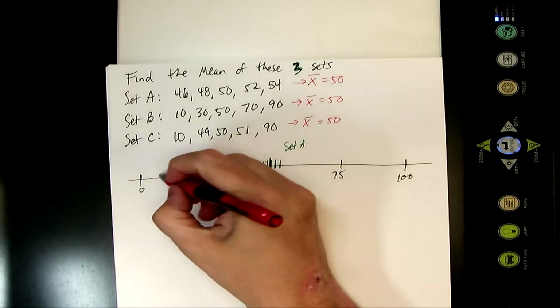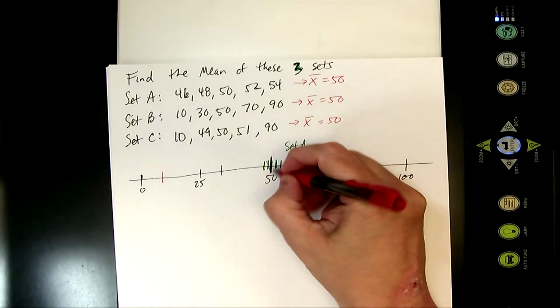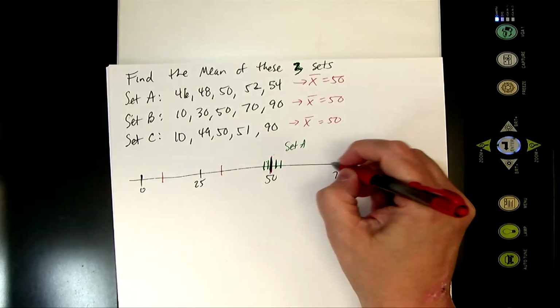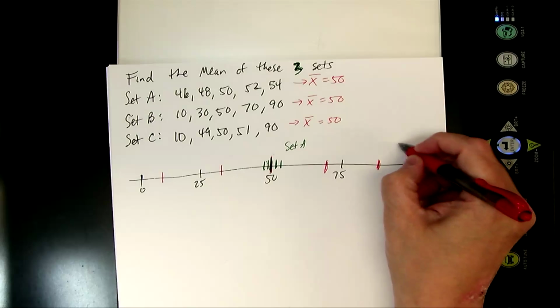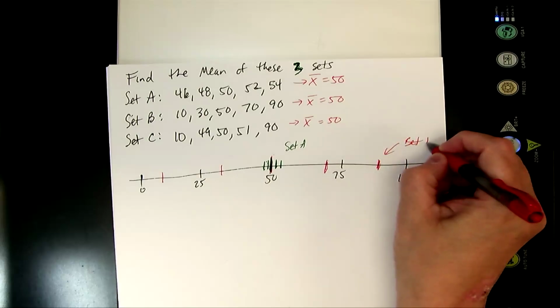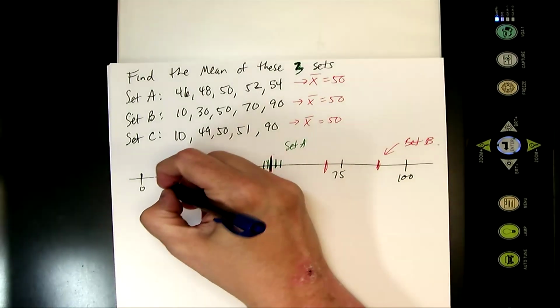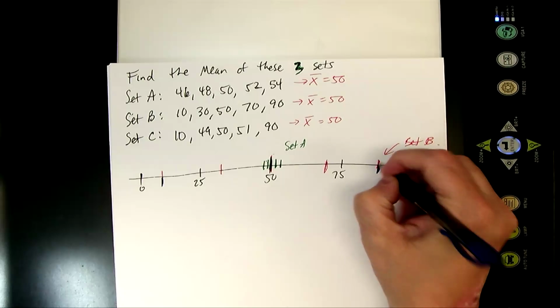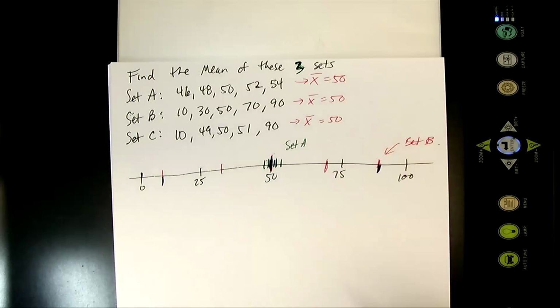Set B is all over the place, so the red will be set B. And set C, we had one way out there and one way out there, but then it had 3 right near the center.